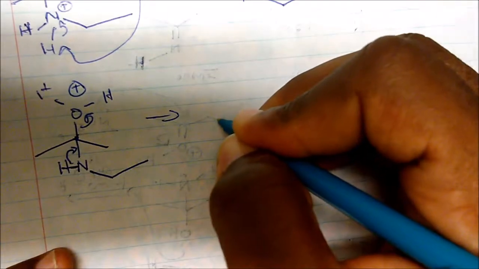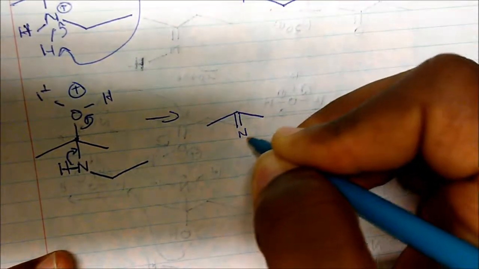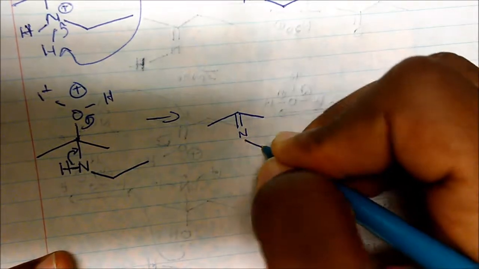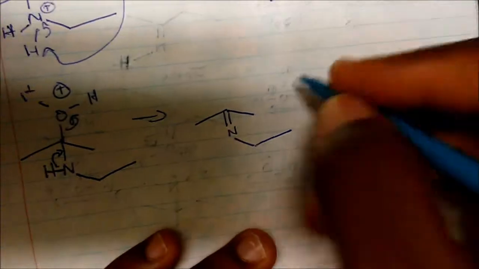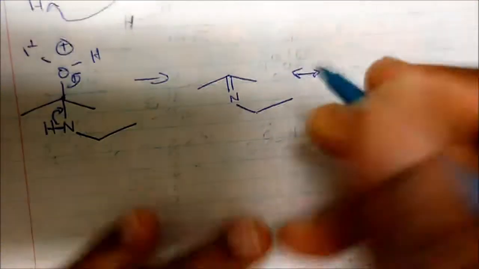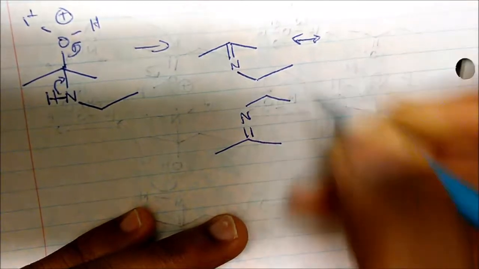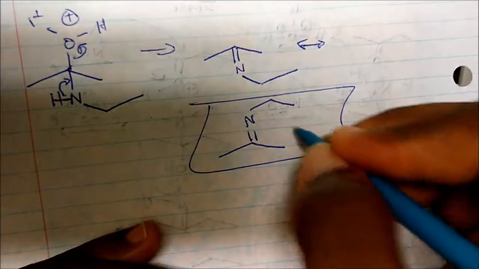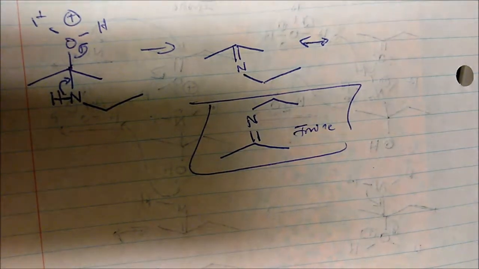And so we get the final product to look something like this. Obviously we could redraw it and say it looks something like this. So this is the final product. Again, this is an imine. So these chemistries, as you can see, are fairly similar.